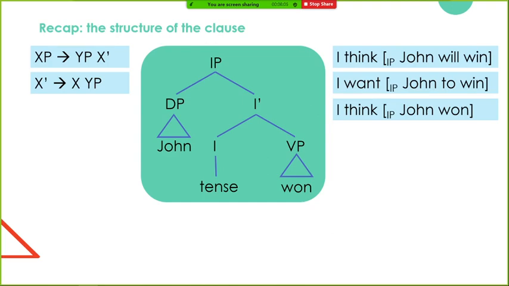We say that something must occupy that inflection position because that's the head position, and all phrases have to have heads. But furthermore, you can't have any of the other kinds of inflections in such a sentence. You can't say John will won or John to won. So there's got to be something in there, but it's not entirely obvious what the nature of that thing is.